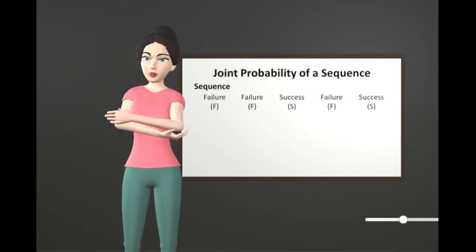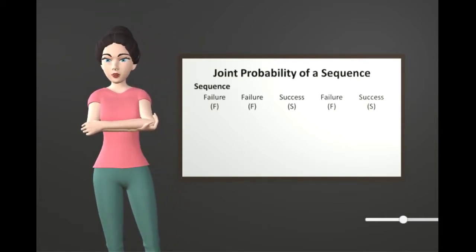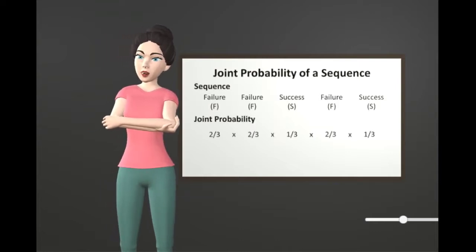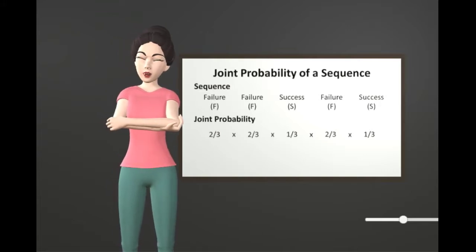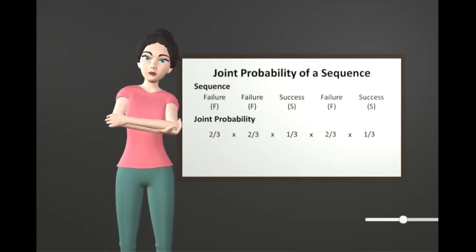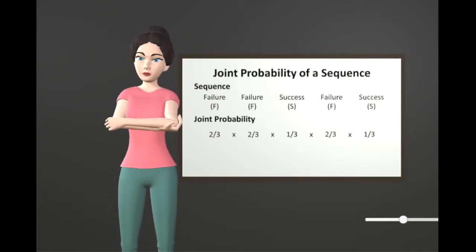Now we multiply the probability of each happening. So we get 2/3 for failure, times 2/3 for failure, times 1/3 for success, times 2/3 for failure, times 1/3 for success.